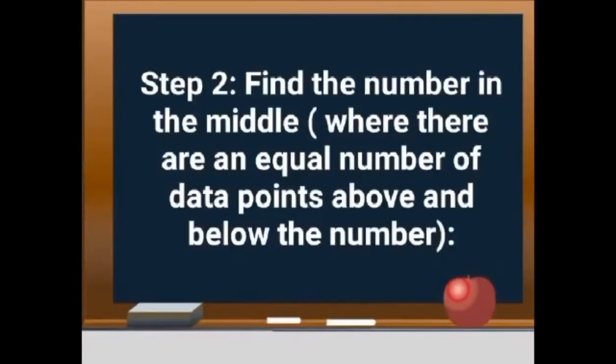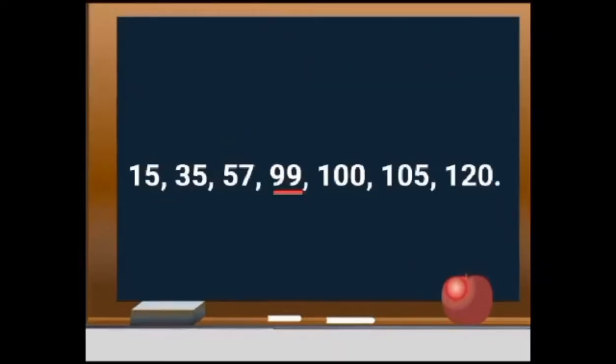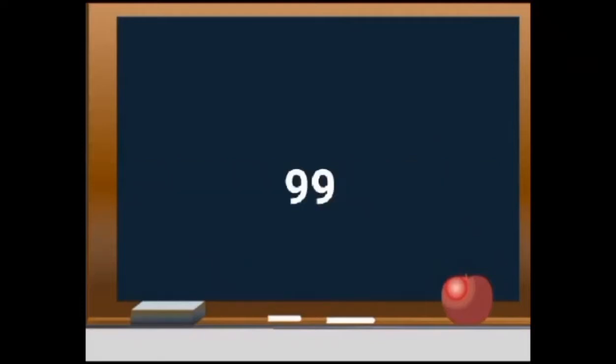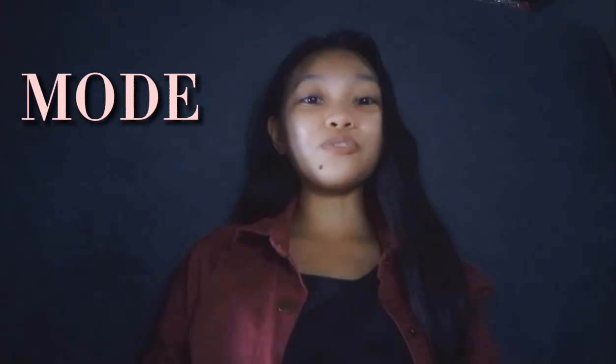Step 2. Find the number in the middle where there are an equal number of data points above and below the number. 15, 35, 57, 99, 100, 105, 120. The median is 99.